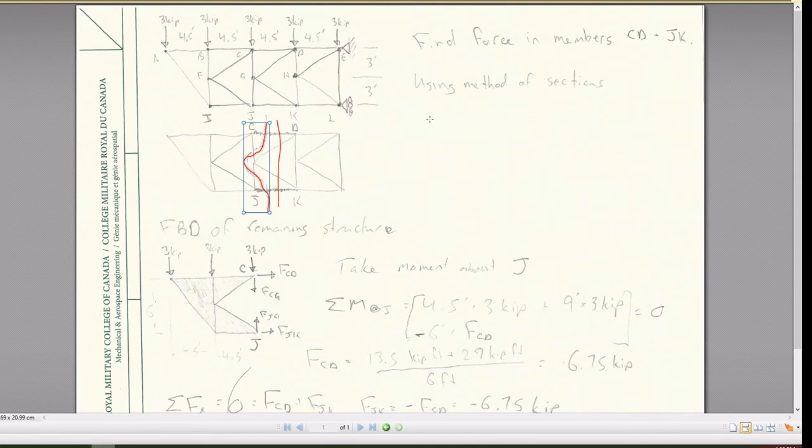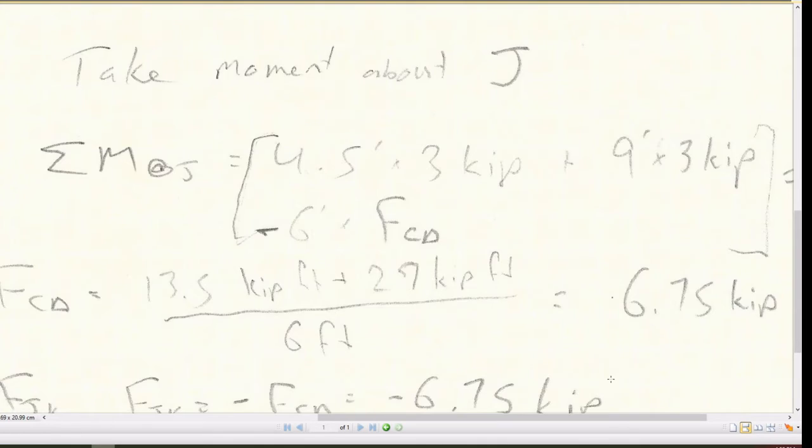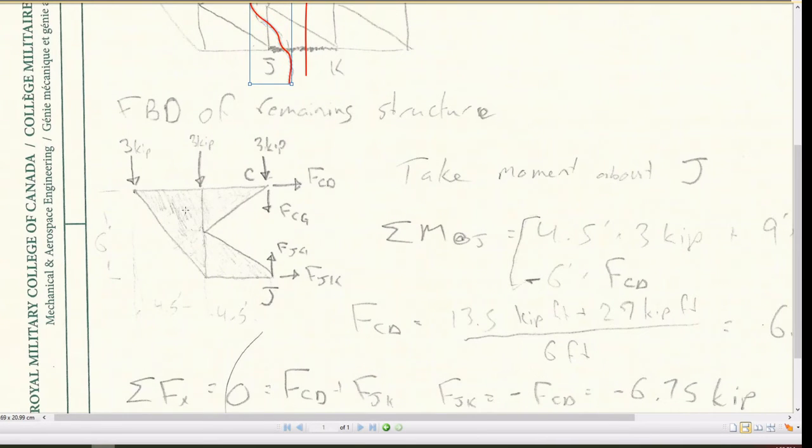So doing that, I'll zoom in a little bit and draw the remaining structure. I shaded it in a bit to give you the idea that we're treating the entire thing that's left behind as a rigid body.